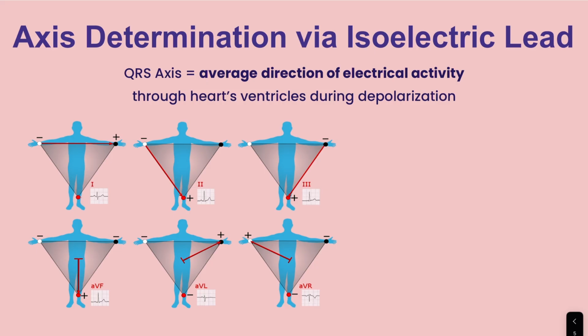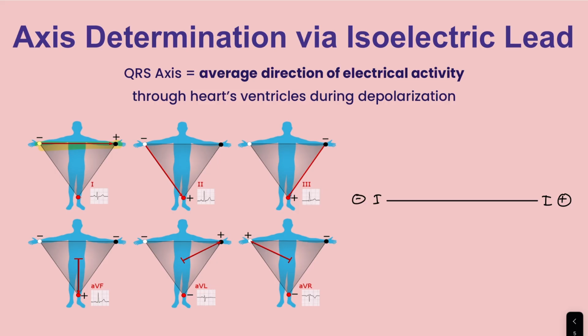So let's learn how to draw our clock face. If we take lead 1, and this is hopefully a reminder from the first lecture, lead 1 is positive on the left arm and negative on the right arm. So we're going to transpose this. We're going to take this line, pick it up, and put it over here, and say lead 1 is positive on the left side and negative on the right side.